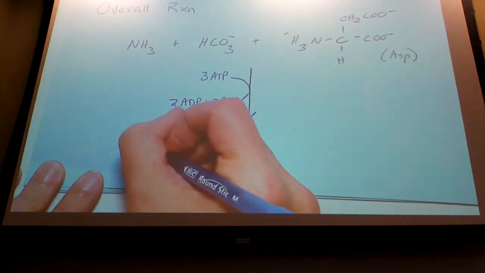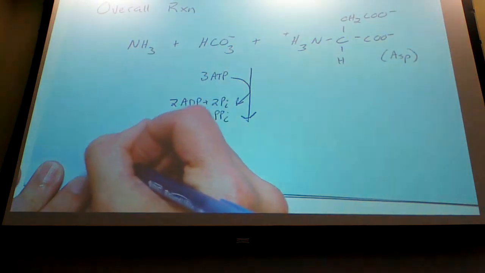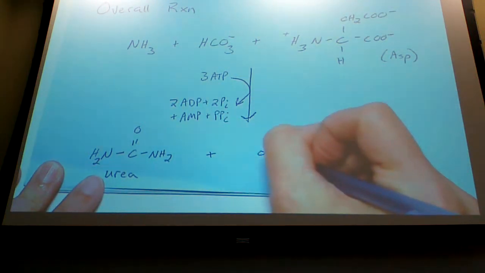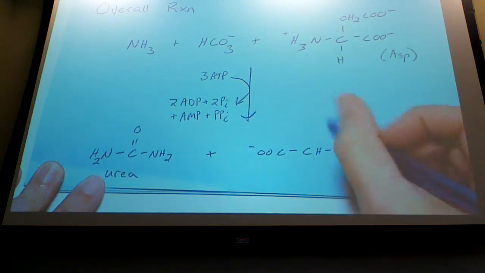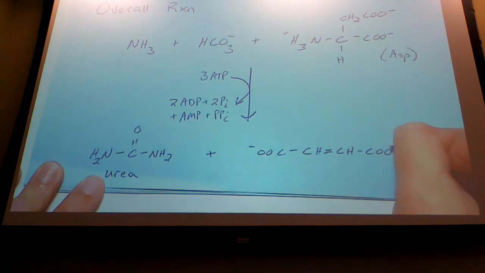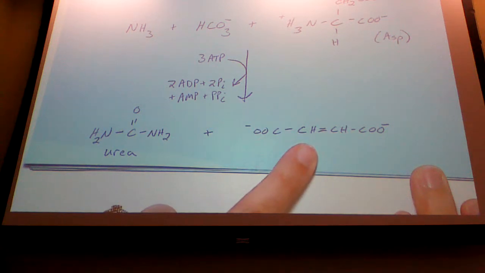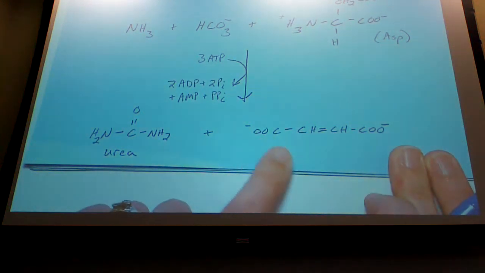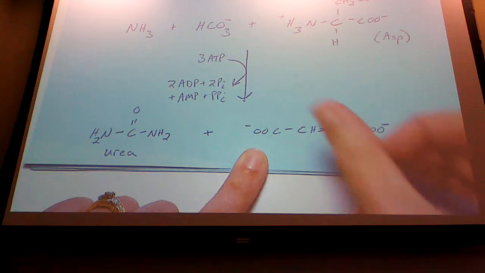And you're going to make urea, plus this thing, which hopefully looks a little familiar. Does it look familiar? It's a citric acid cycle intermediate, fumarate.